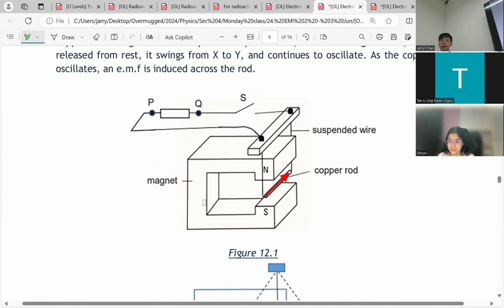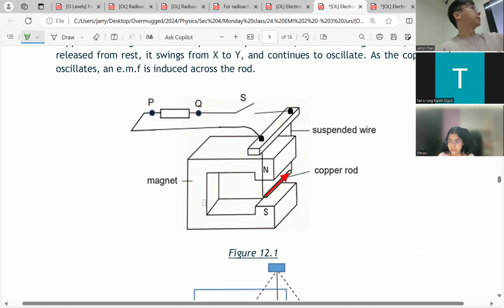When there's a consistent current flowing through the copper rod, what will there be around the copper rod? Magnetic field. Right? A current-carrying wire always has a magnetic field around it.